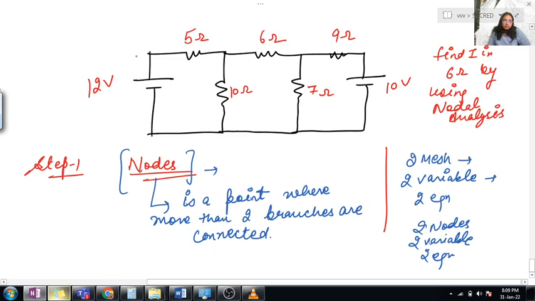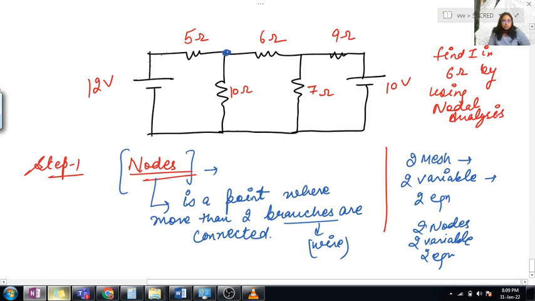Suppose let us consider you are moving from here. Is this a node? No, because here only two wires are connected. Branches means a simple wire. At this point only two wires are connected, so we can't consider this as a node, right?